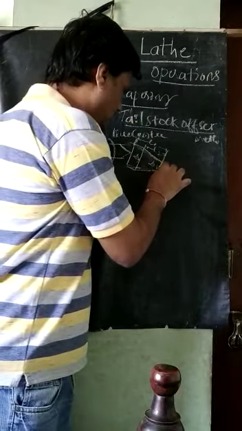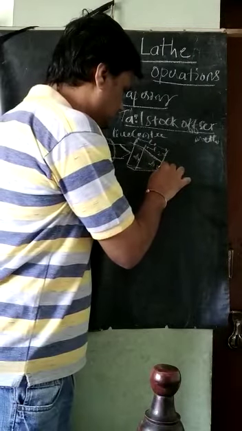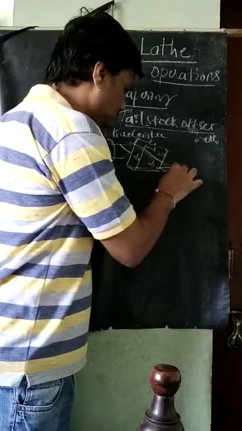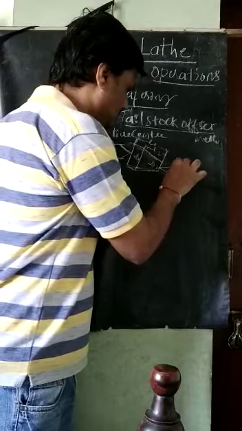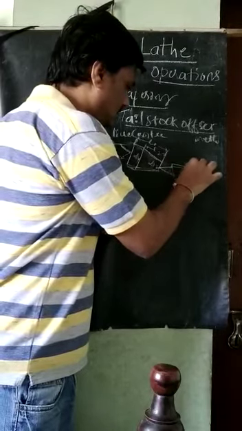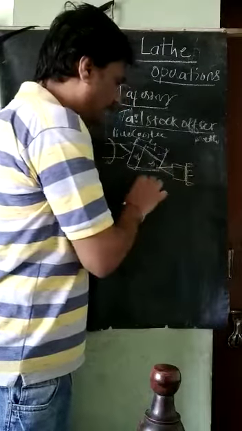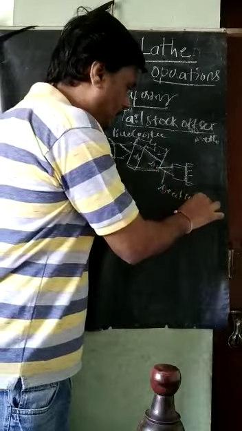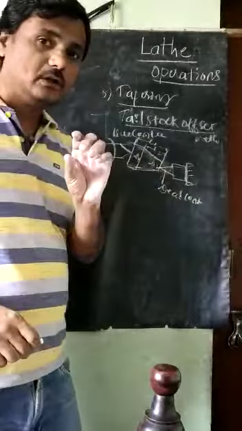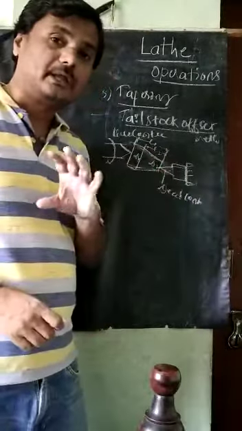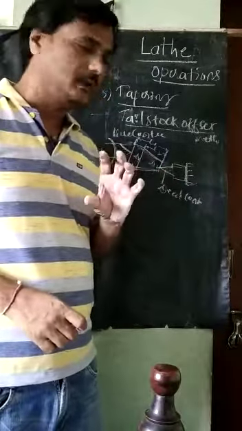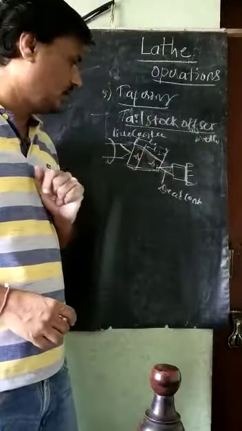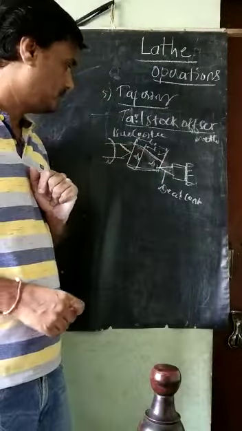This is the tail stock, and this is called the dead center. Why is it a dead center? It is not rotated by engines or motors, but it gives support to the object.